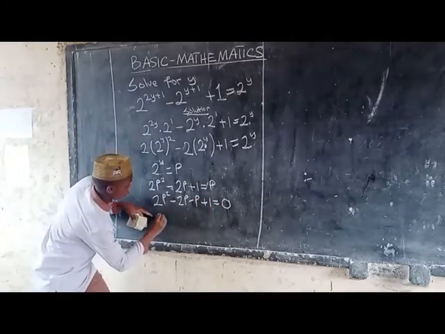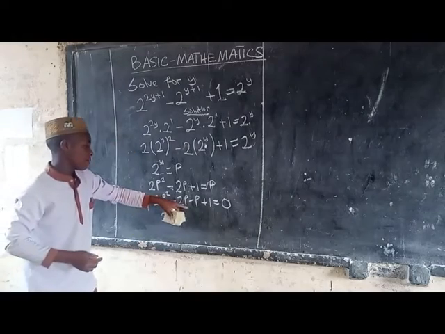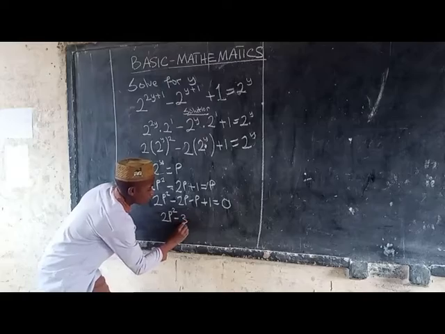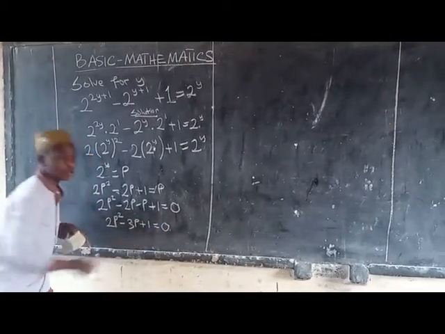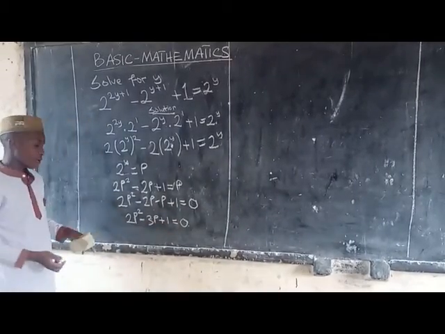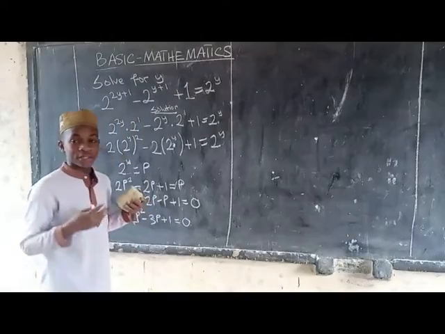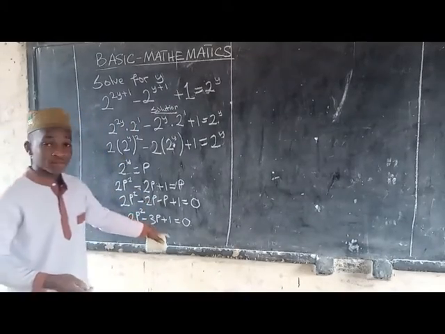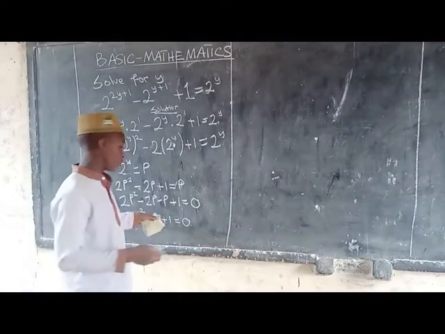This gives 2p squared minus 3p plus 1 is equal to 0. This is the quadratic equation, and it can be solved by various methods. We can use completing the square, factorization, or the graph method. For today, let's use the factorization method.